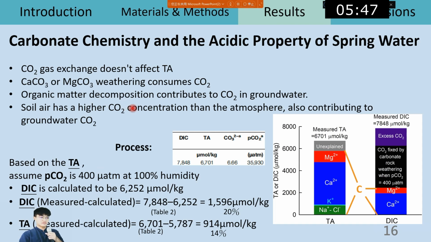He wants to know the carbonate chemistry and the acidic property of spring water. And this figure is for the TA and DIC. And the red one, blue one, and green one are the calculated ones. We also calculate the number of it.